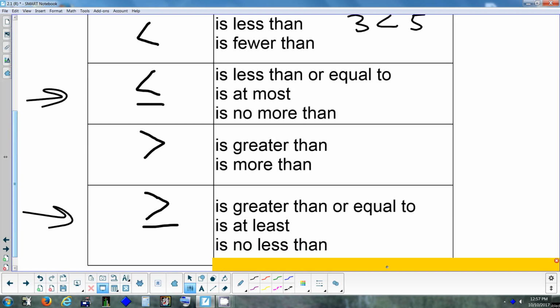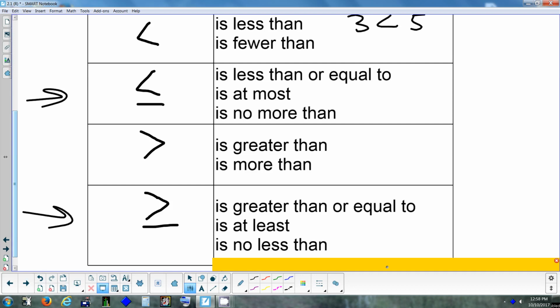Like if I said to you, in order to make a team for volleyball, we can have no less than 4 people. That means in order to make the team, we have to have at least 4 people or more. So that's how you could use no less than.